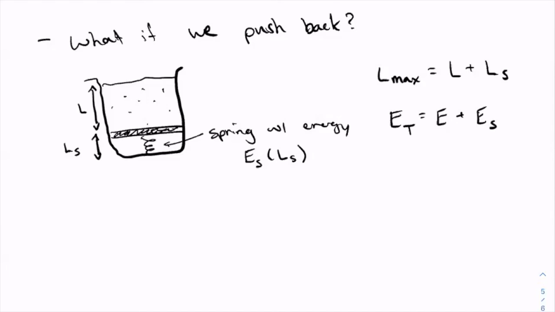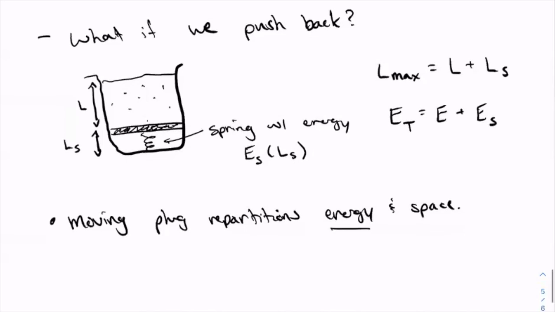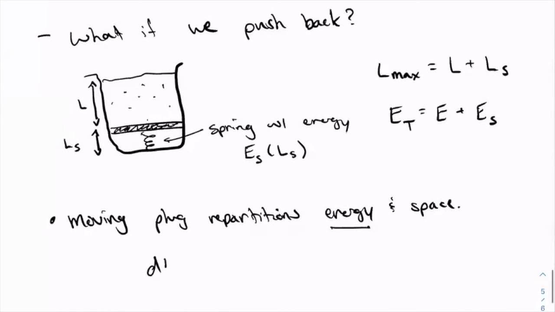And now moving the plug repartitions not only space, but energy. If I change L, that corresponds to a differential change in Ls. If I increase the distance of the plug from the top of the beaker, that necessarily corresponds with a decrease of the extension of the spring.